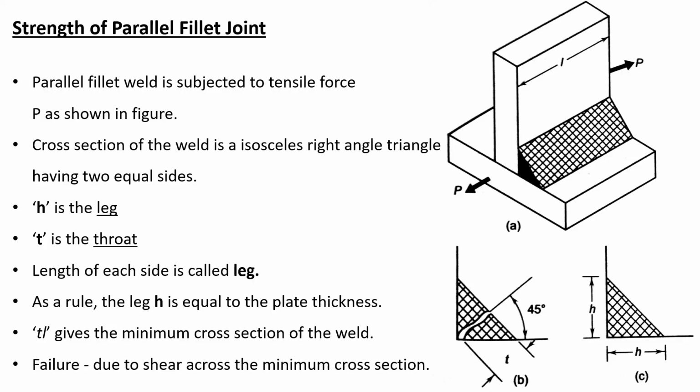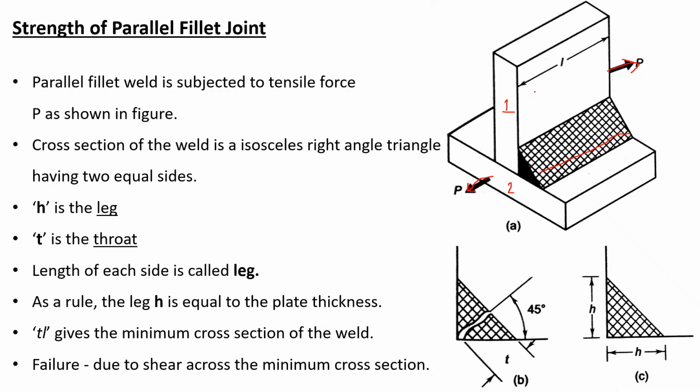This figure A shows a parallel fillet weld subjected to tensile force P. This is your plate number 1, which is perpendicular to the plate number 2 and is overlapping some part of the plate number 2, and this is your weld, which is subjected to a tensile force P like this.